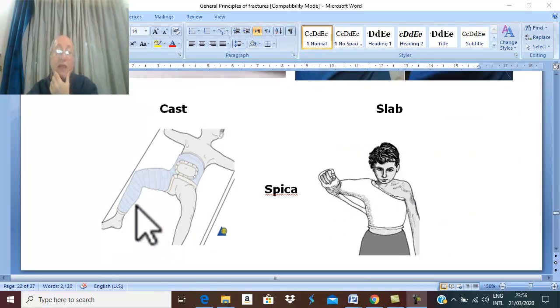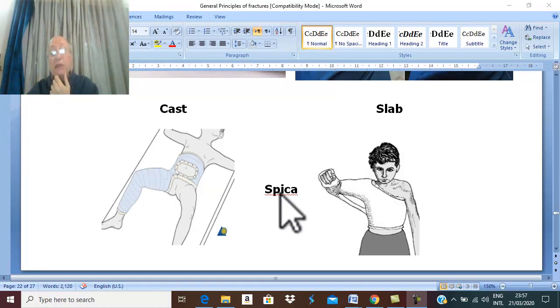Plaster of Paris may fix the limb and part of the trunk. If plaster of Paris is applied to the limb and part of the trunk, it is called a spica. A spica may be used for hip joint disease and is called a hip spica.